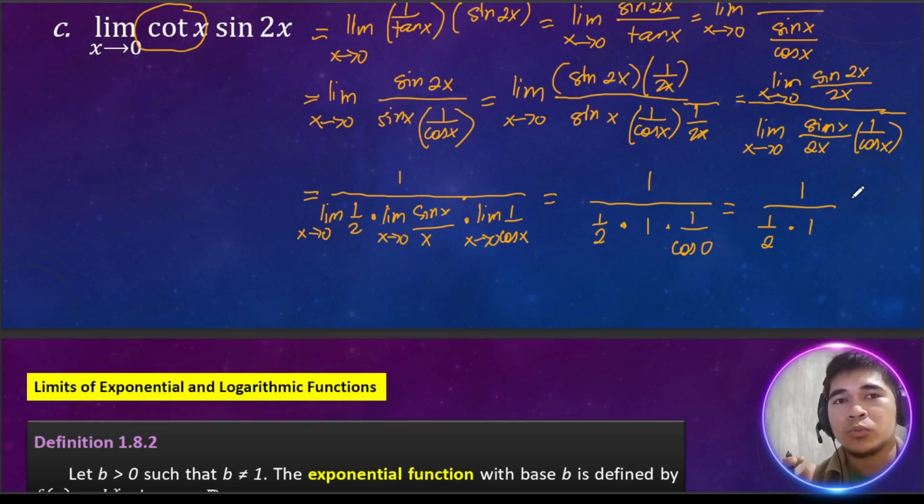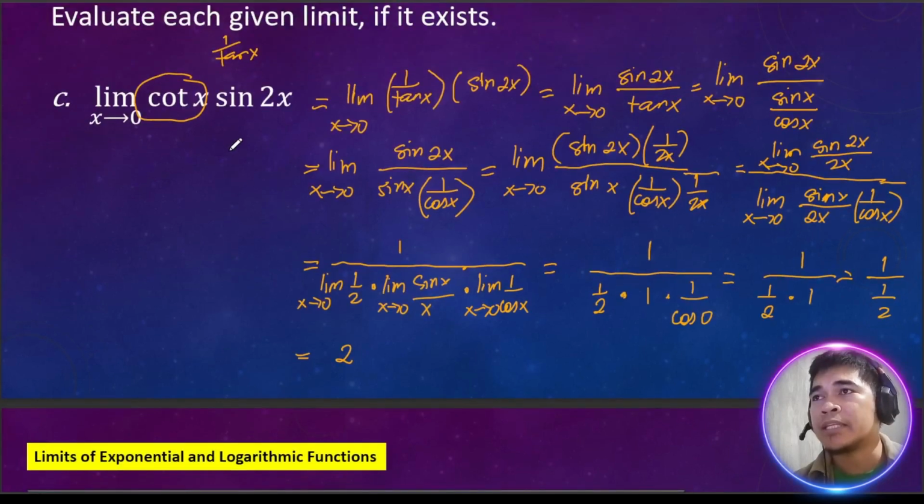If you are going to trace using the table, the answer is 1. So we got equals 1 over 1 half. So the final answer is 2. So limit of cotangent x sine 2x as x approaches 0 is 2.